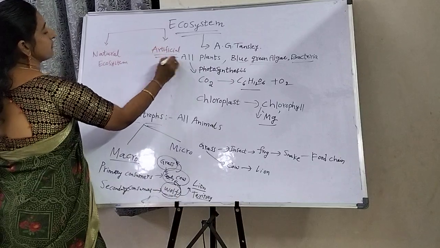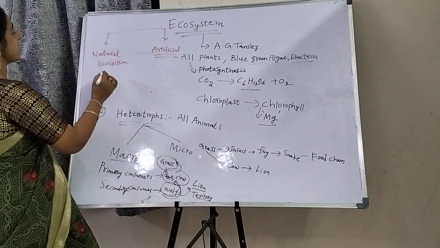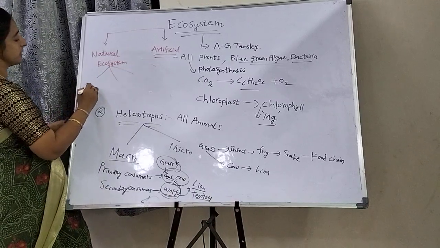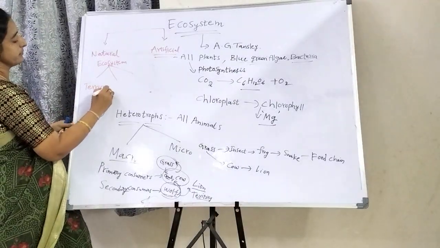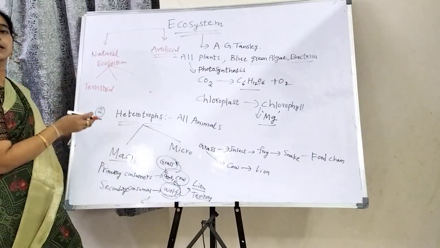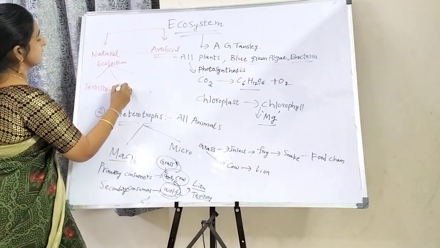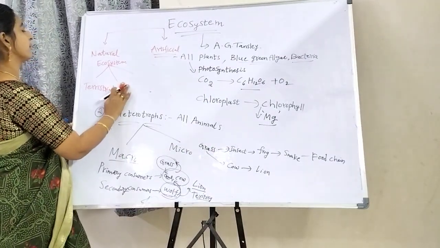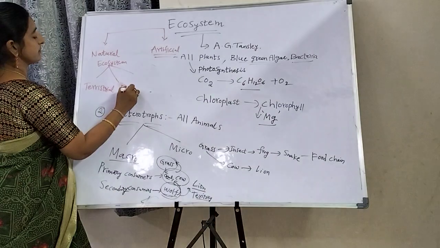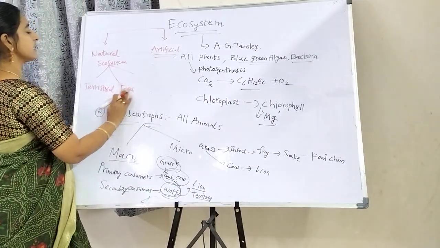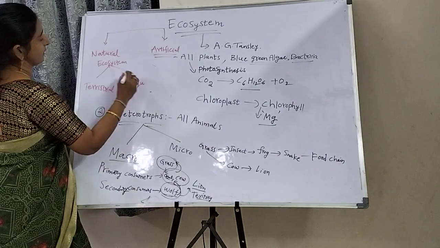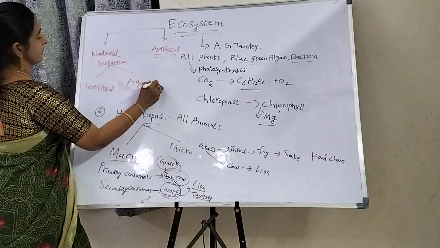The natural ecosystem can be divided into the terrestrial ecosystem and the aquatic ecosystem.